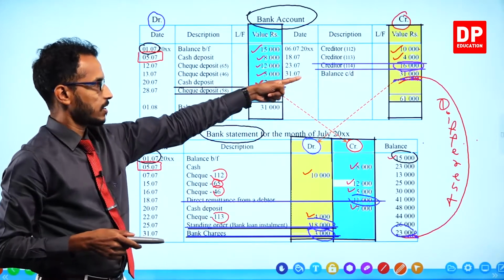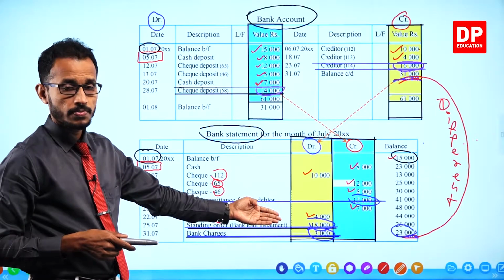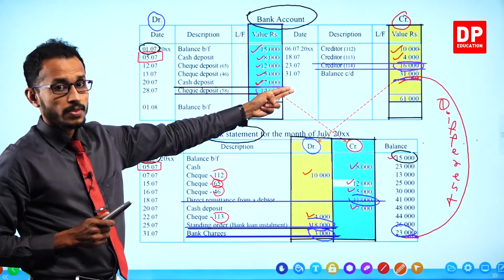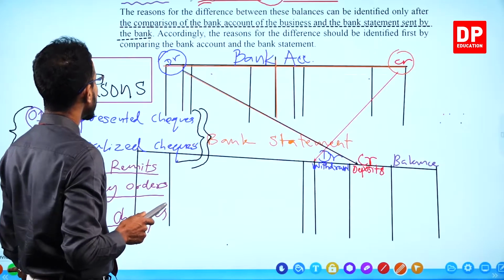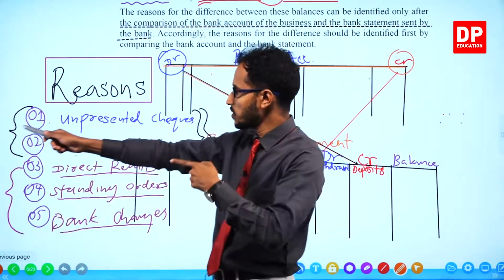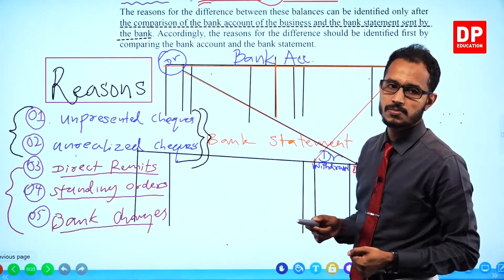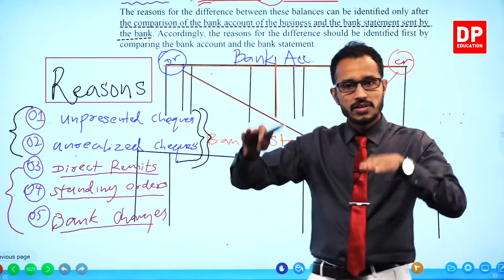They are already in the bank account, missing in the bank statement. Okay? See, children, these are the items which we learned as the reasons for causing the difference.